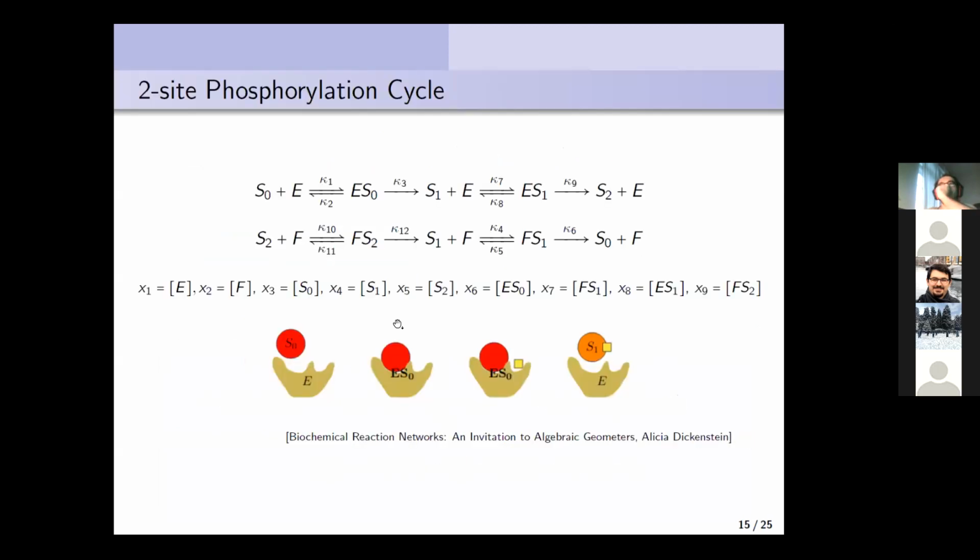So from this baby example, now we will go to some sort of a higher example. This example is known as the two-site phosphorylation cycle. So what does this cycle do?